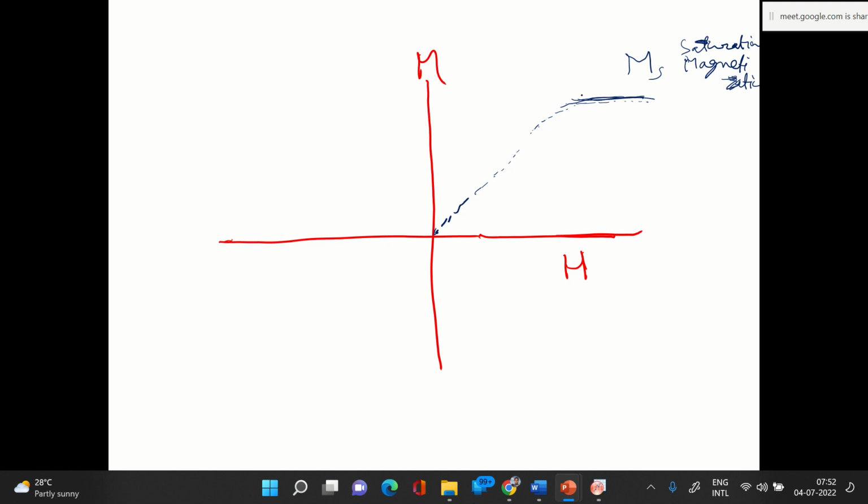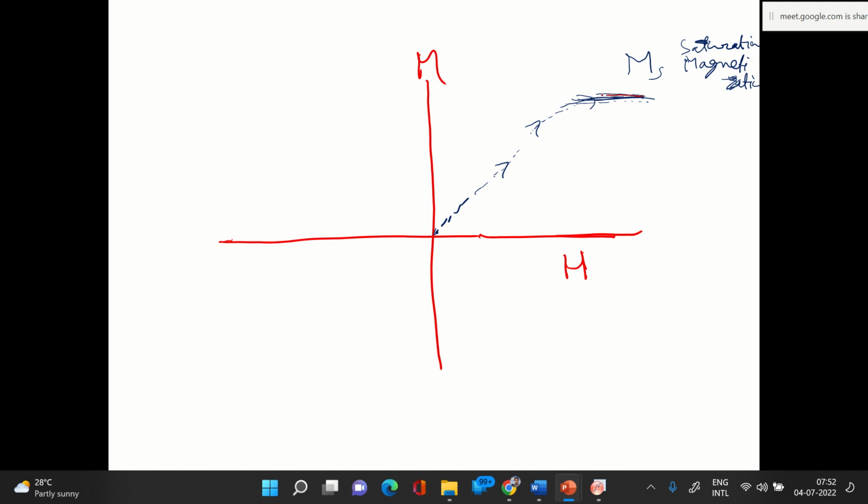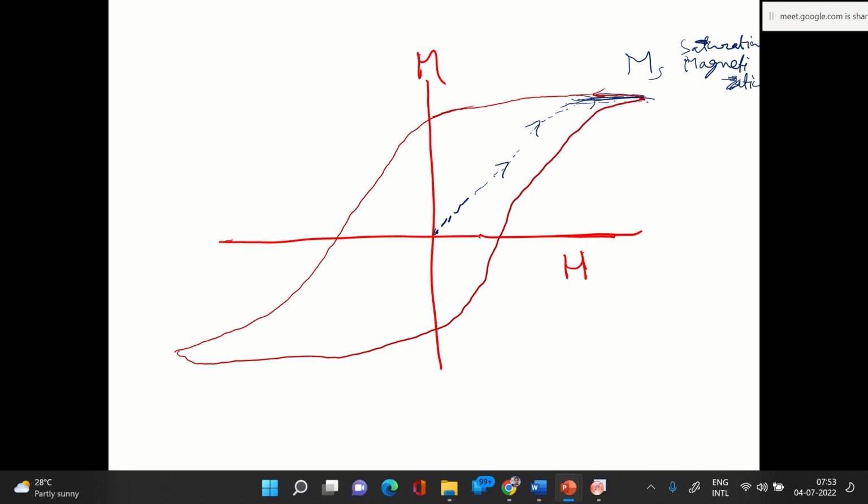And after this, when we reverse the direction, this is the direction that you move initially, and then on reversal of this direction, in a ferromagnetic material usually, when we move back, it will come out to be something like this.